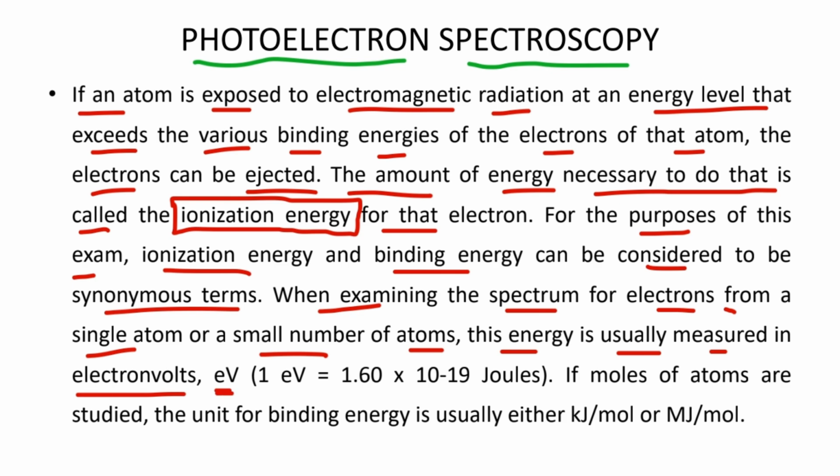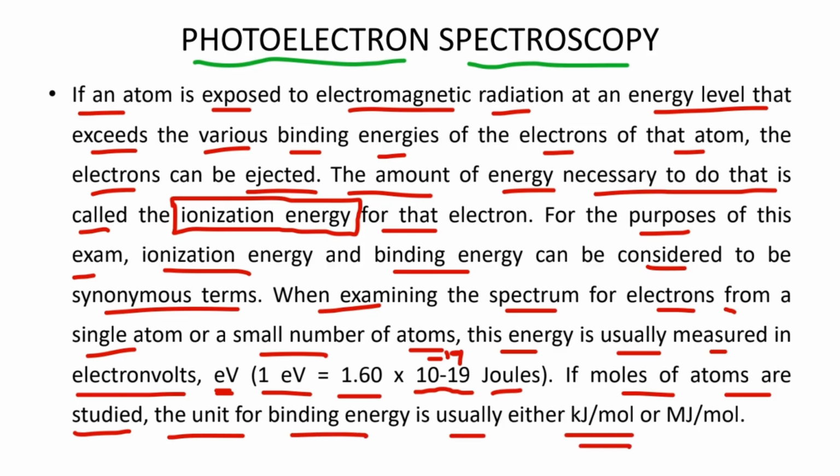One electron volt equals 1.60 times 10 to the power of negative 19 joules. If moles of atoms are studied, the unit of the binding energy is usually either kilojoule per mole or MJ per mole. The M here represents mega, so it is a megajoule per mole, which is 10 to the power of 6.